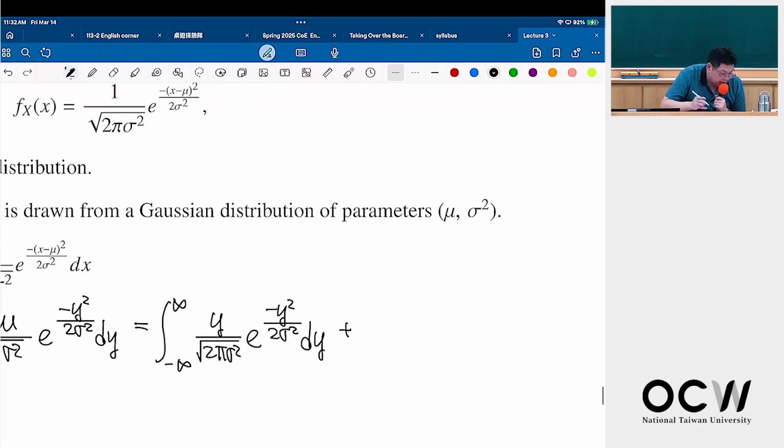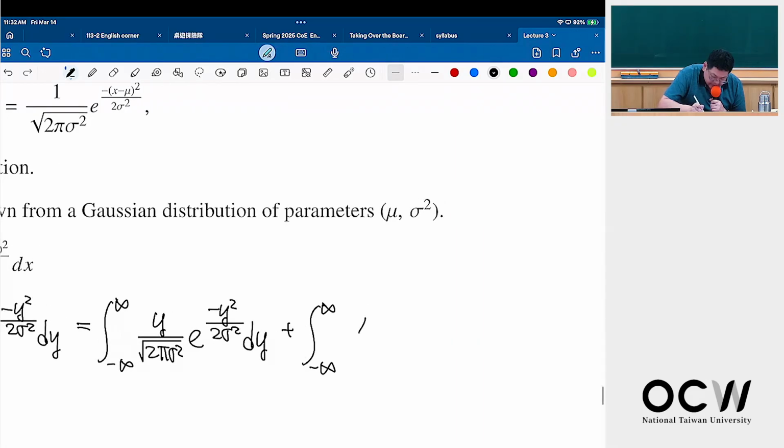And the second one is mu divided by the square root of 2 pi sigma squared, e to the minus y squared over 2 sigma squared dy.